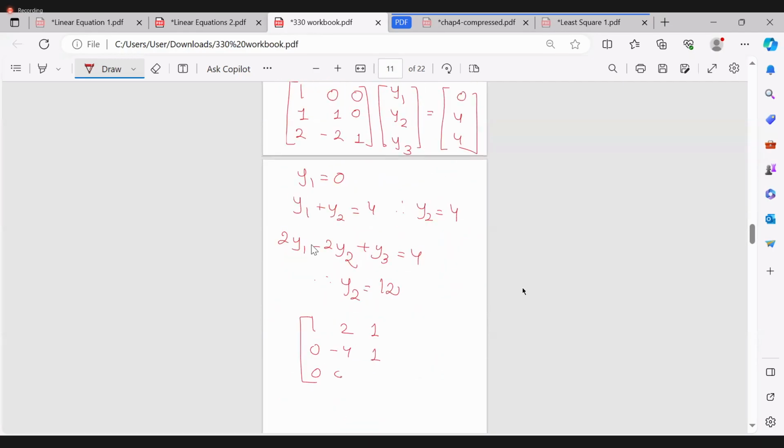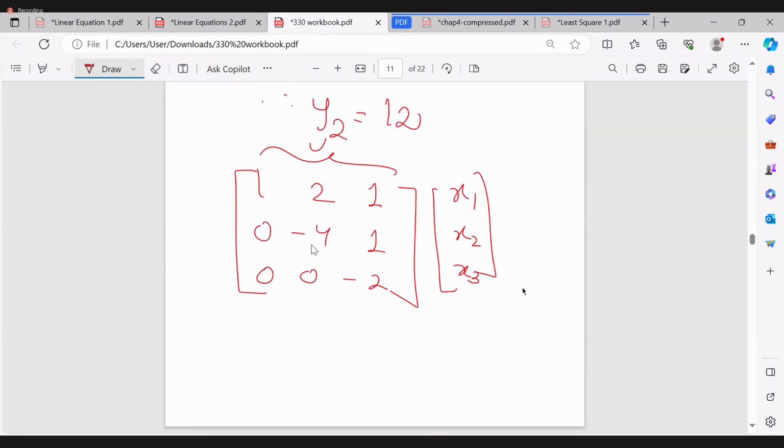That's your U. X is x1, x2, and x3, and this is equal to 0 4 12, which is your y. So this is your U, this is your x, and this is your y.